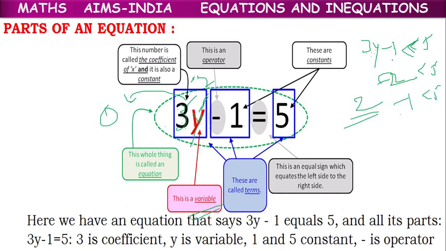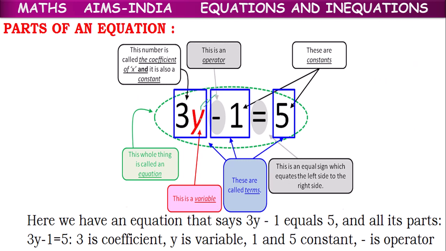If we keep minus 1, we get minus 4, less than 5. All these expressions become true. Here in this inequation, y is open for many values. So y is a variable which is open for other values, and its value changes depending on the equation.